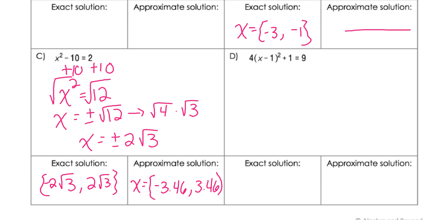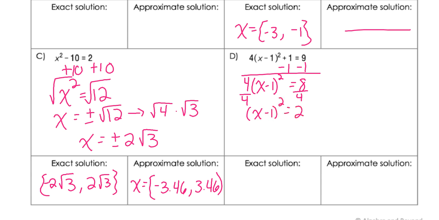Okay, let's try one more here. We're going to isolate that quantity squared again. So I am going to get 4 times x minus 1 squared equals 8. Then I have to divide out this 4. So I'm going to get x minus 1 squared equals 2. And now I've isolated that quantity that's being squared. So I'm going to square root both sides. So I get that x minus 1 equals plus and minus the square root of 2.